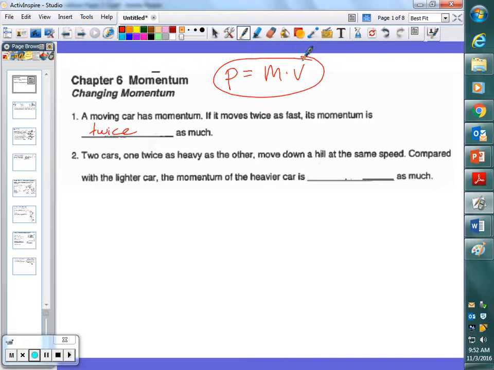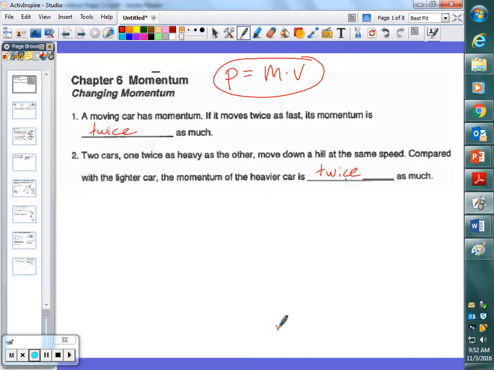Two cars, one twice as heavy as the other, move down a hill at the same speed. Compared to the lighter car, the momentum of the heavier car is twice as much, right? Momentum is directly related to the mass of an object, but it's also directly related to its velocity.